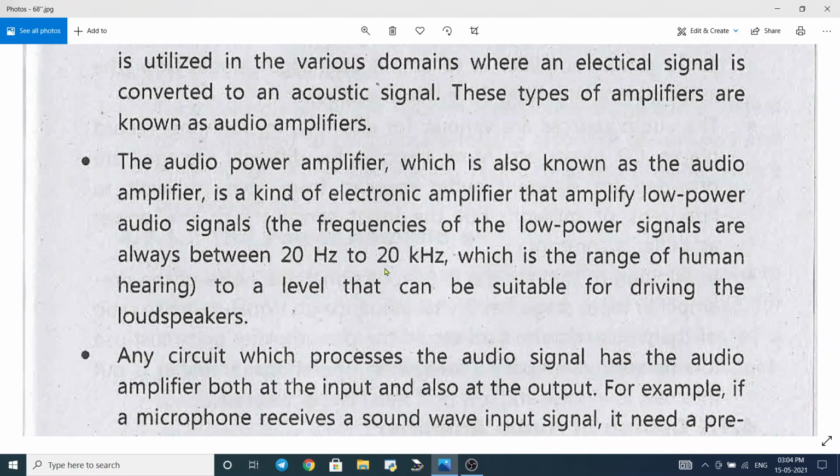There is the electrical signal in the frequency range 20 Hz to 20 kilohertz, which is the range of human hearing. And these low power audio signals are amplified to a level that can be suitable for driving the loudspeakers.